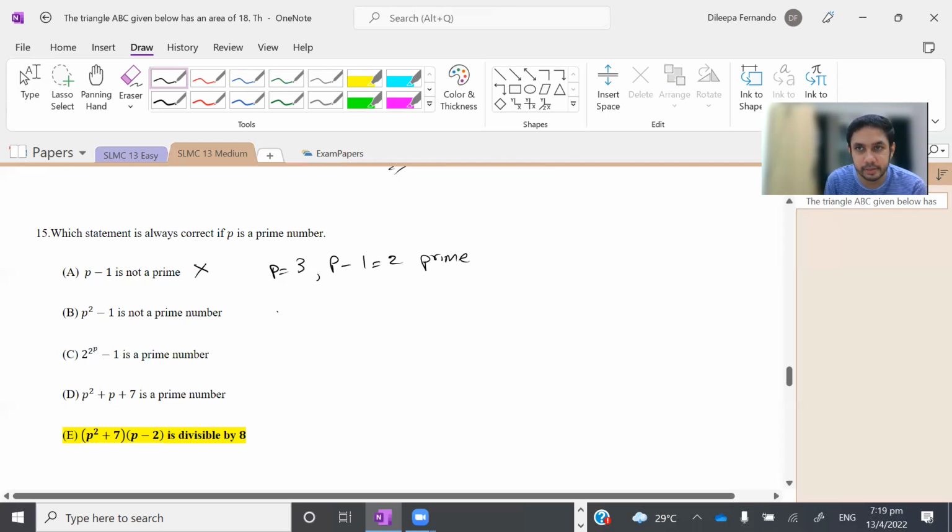Again the same argument: we can just see p minus 1, p plus 1. If p minus 1 is 1, that means we have only one factor, so it can be prime. So if p is prime and p plus 1 is also prime, then p squared minus 1 can be prime. If p is 2, p plus 1 is 3.